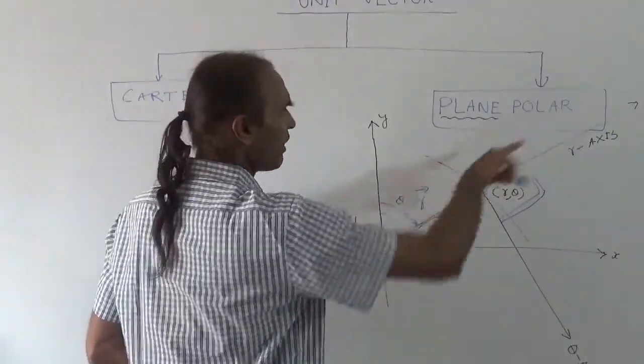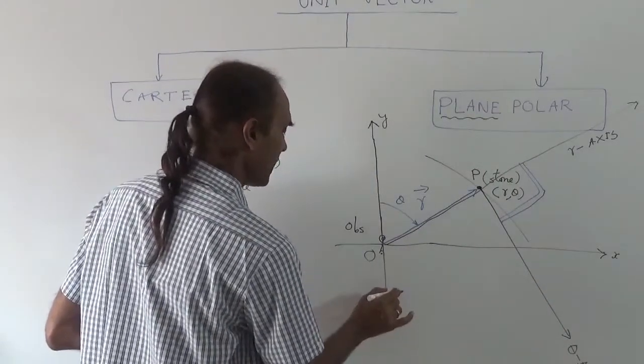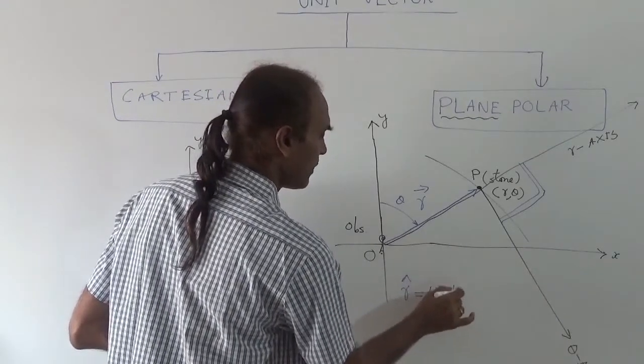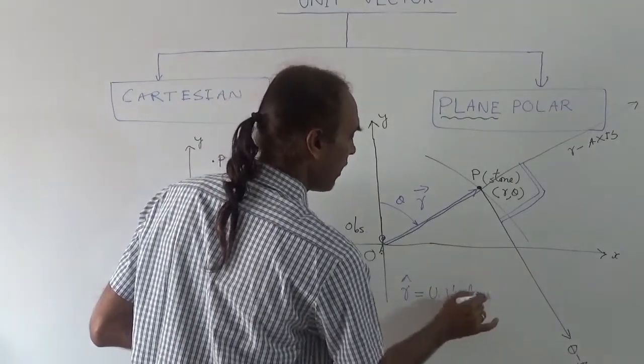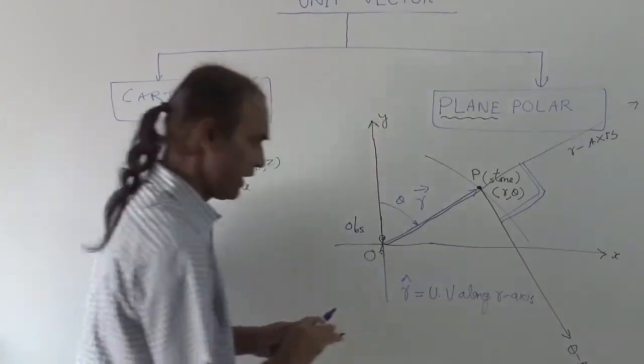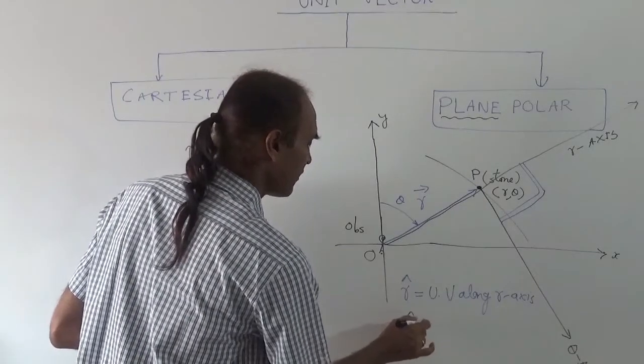The unit vector along the r-axis is given as r cap, and the unit vector along the theta axis is theta cap.